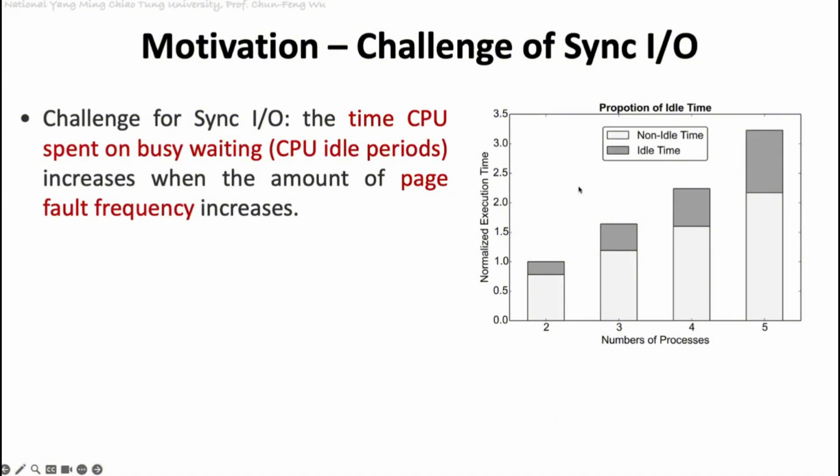We do the analysis by non-idle time and idle time. Idle time is the CPU busy waiting for the storage I/O. You can see that no matter how many processes you are running, the idle time is still there. Sometimes people think that if you run more processes, the idle time can be alleviated because you can hide it. But no, the idle time is still there.